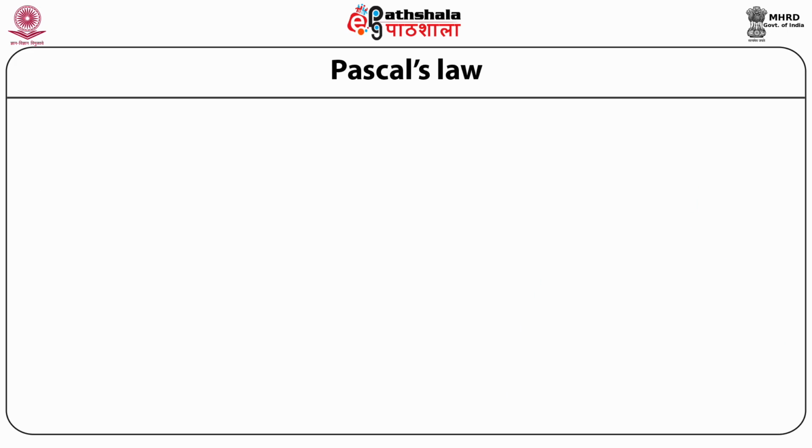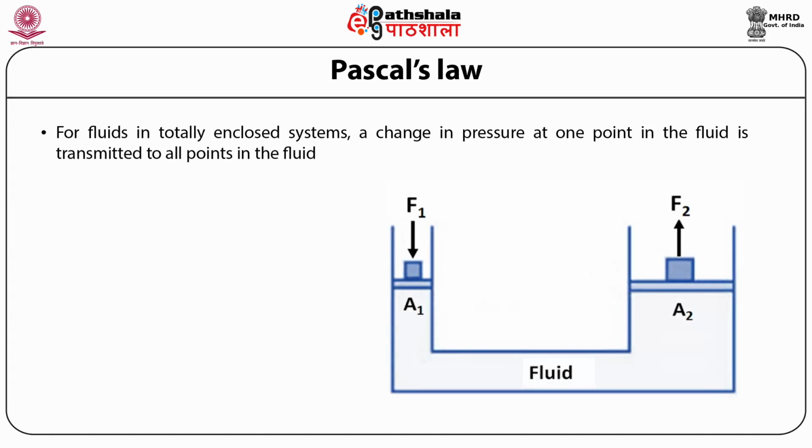Another static property of fluids can be seen through Pascal's law, which is for any fluid in an enclosed system. It states that a change in pressure at one point in the fluid is transmitted to all other points in the fluid. For example, in this picture, you have an enclosed system of liquid and there are two pistons at the two ends of the container. In one piston, you have a force F1 applied on an area A1.